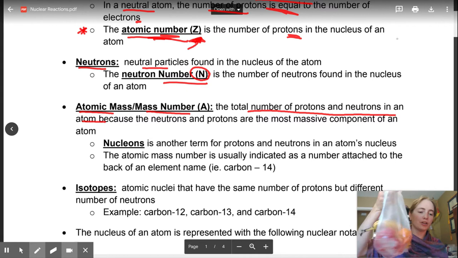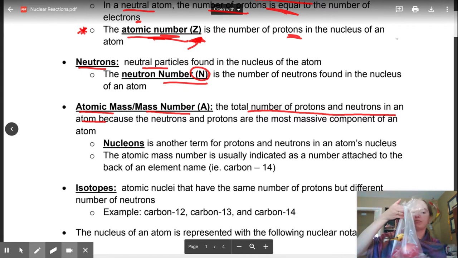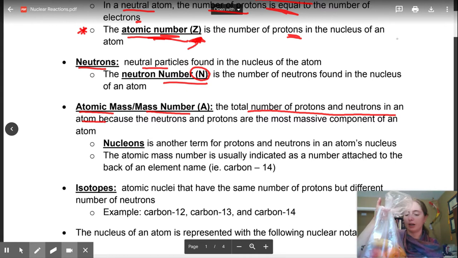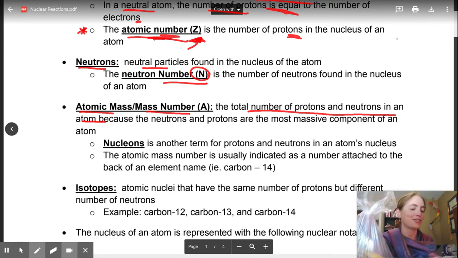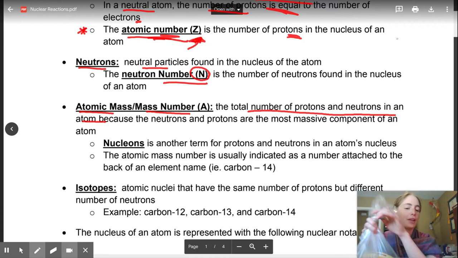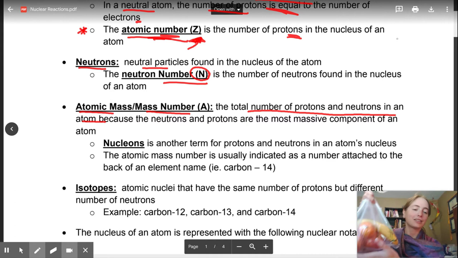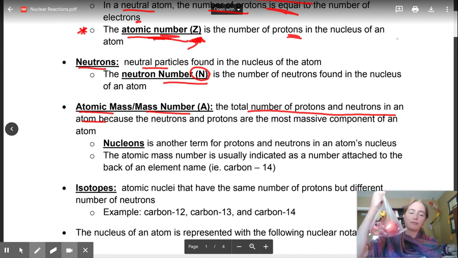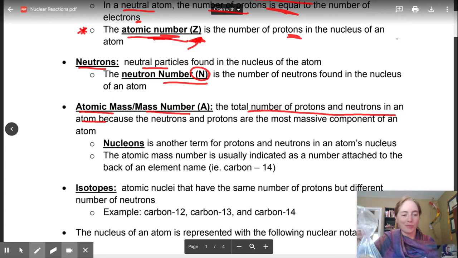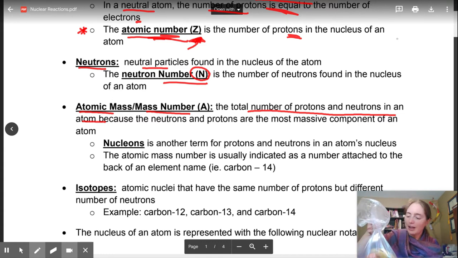So in here I've got a plastic bag which has a hole in it and a couple of apples, an orange, and a banana. When we think about this, I always like to use this fruit analogy to talk about the subatomic particles and their relative mass. The bag of fruit and the plastic bag, both of them have mass. Both are made of particles. And they both take up space.